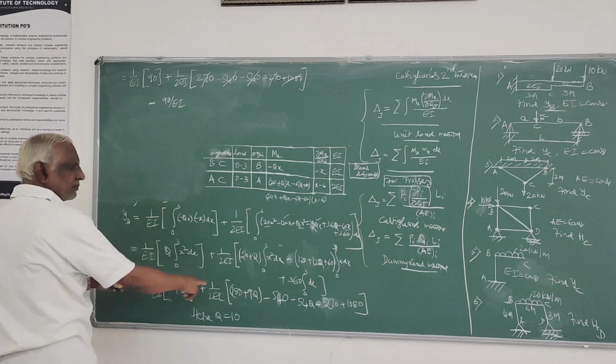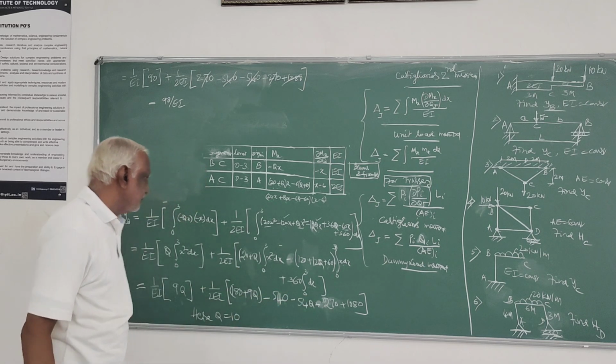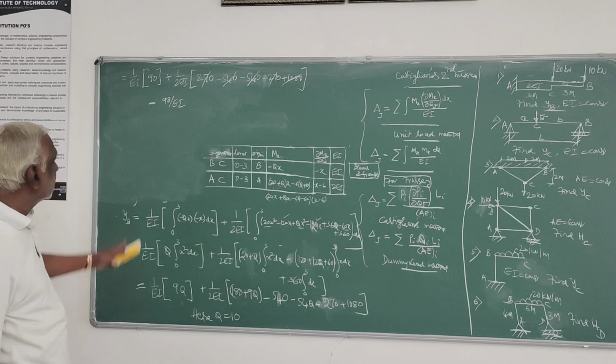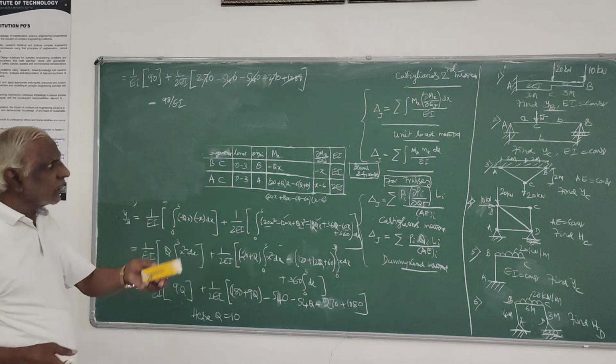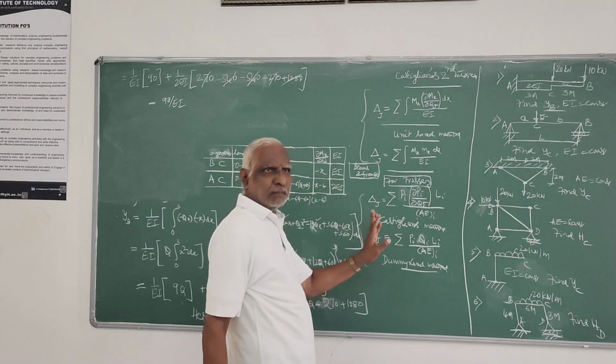Check this calculation once, because plus or minus you should check. I think it is all right. So your deflection there is 90 by EI. That's all the problem. Now we will take up the same problem by the unit load method.